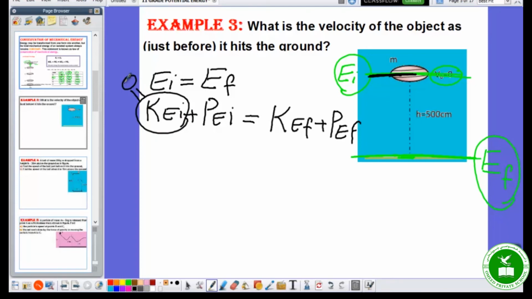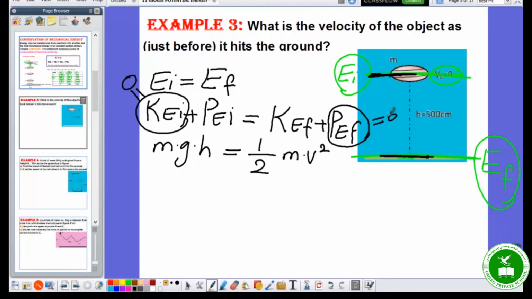Potential energy at this level will be m times g times h, which should be equal to kinetic energy. Just before hitting the ground the object has maximum kinetic energy, so you know the formula of kinetic energy, one half m v square. And potential energy will be 0 at this level because height becomes 0. If height is 0, potential energy is 0.